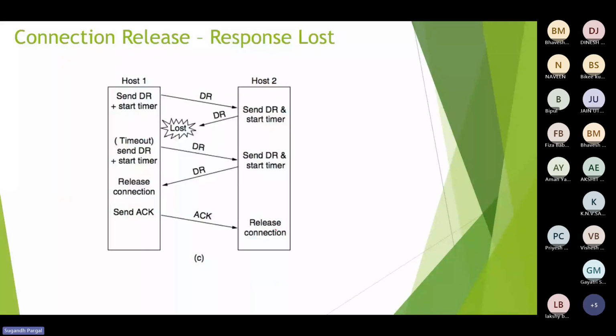There might be another case in which the request from host 2 to host 1 is lost. Then host 1 resends the disconnection request to host 2, and host 2 again acknowledges with the disconnection request, and then the connection is released at both ends. That means it needs to be retransmitted.